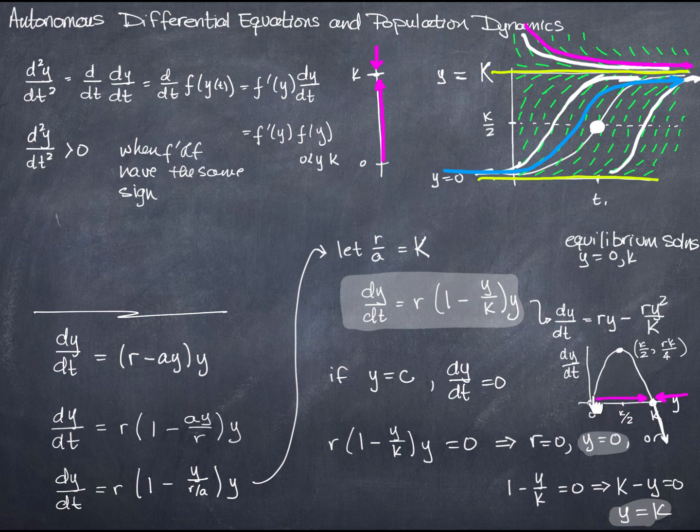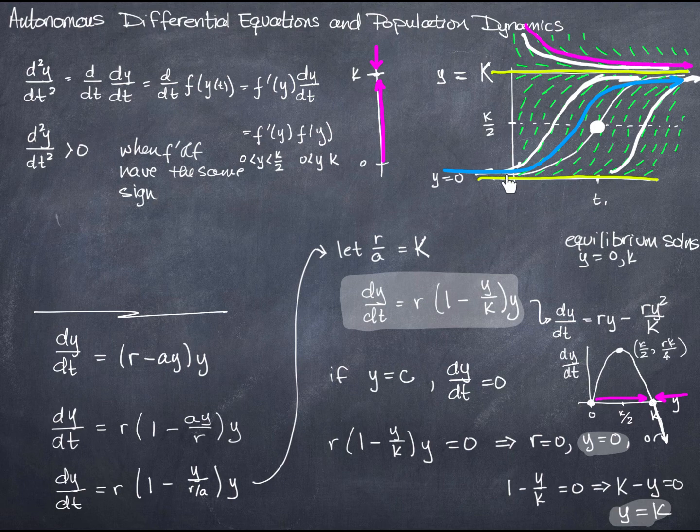We can tell that the slopes are positive between 0 and k over 2, but negative after that. So we have positive slopes for y between 0 and k over 2. So where these have the same sign, or at least where they're both positive, is only between 0 and k over 2. And so that is where the solution y is going to be concave up.